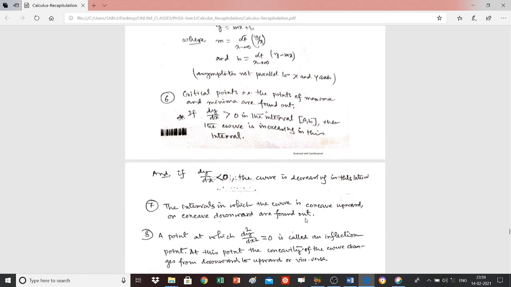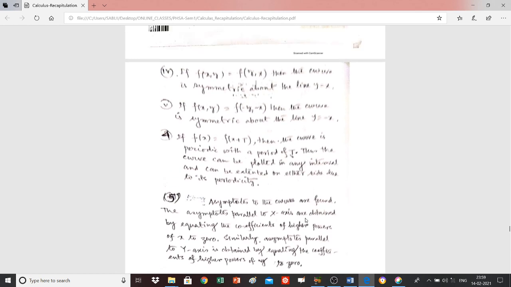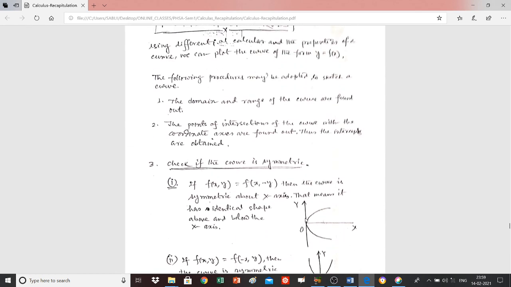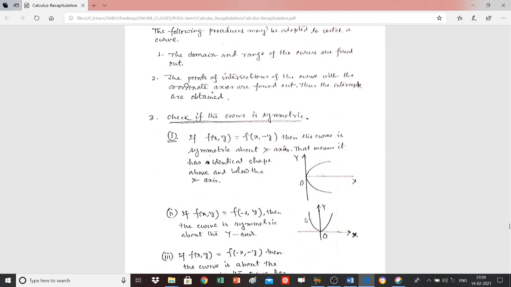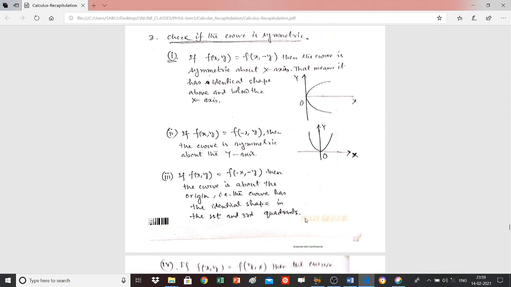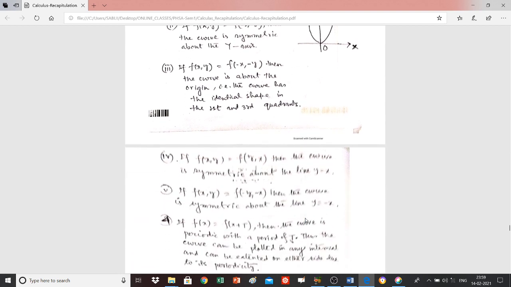So we learn much more information in this section about plotting a function or a curve. Don't be scared of this, because you need not check all these things to plot a curve. There are some definite methods, definite techniques, or definite things to be found out to plot a curve.